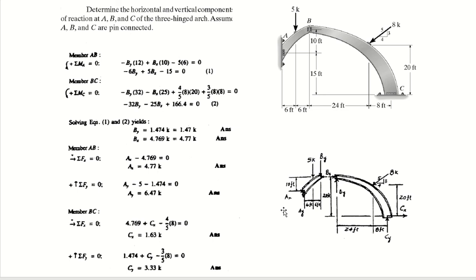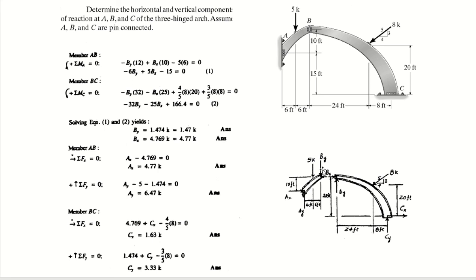So summation of moment about point A is equal to 0, and what you are left with is BX and BY. So BY into 12 plus BX into 10 minus this applied load, okay, into perpendicular distance is 6. So you will get an equation with unknowns BX and BY.